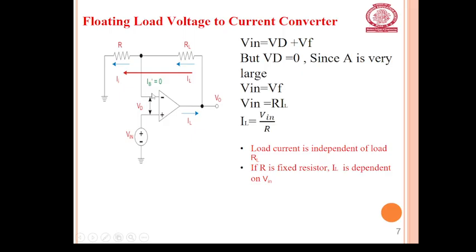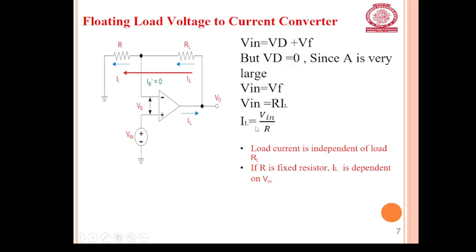Here the feedback voltage is nothing but R into IL, because this IL is completely transferred to this resistor R since IB is 0.